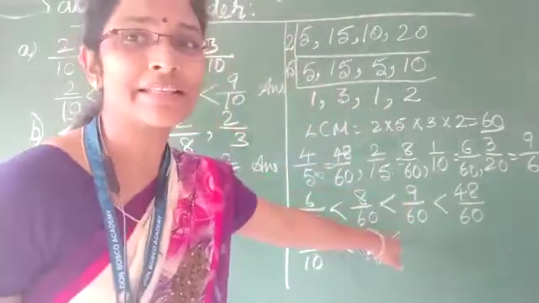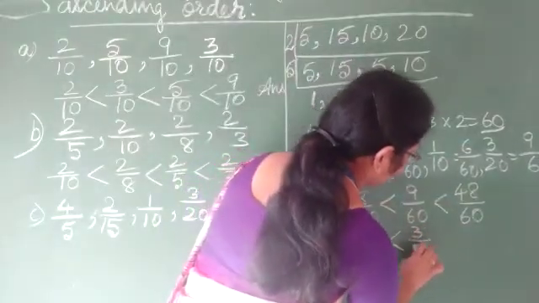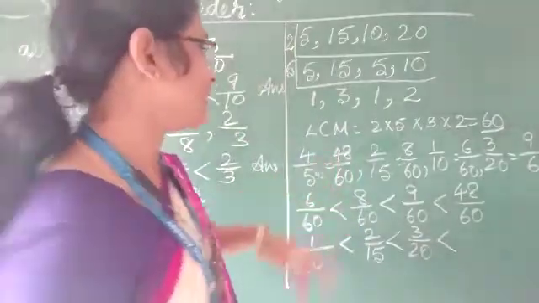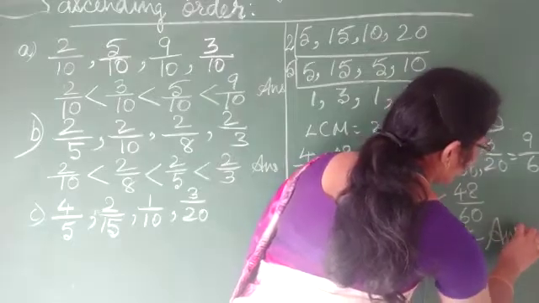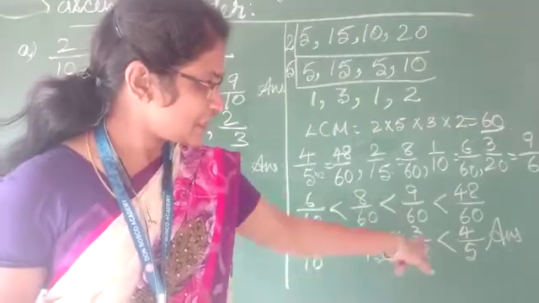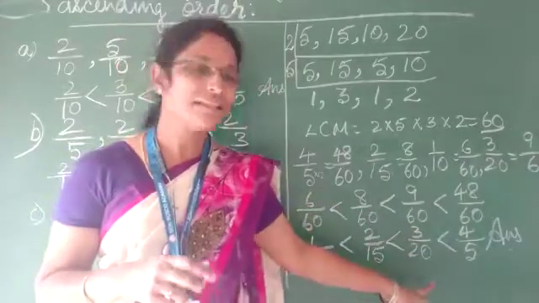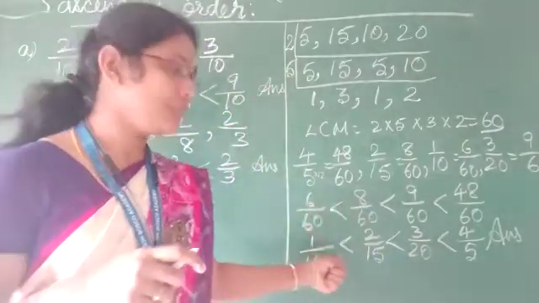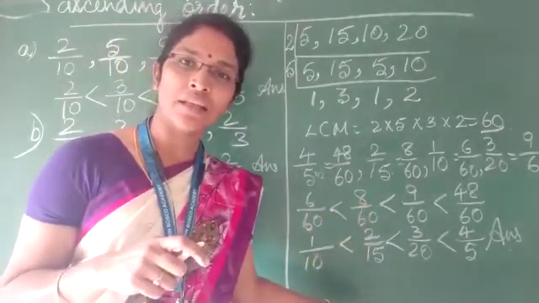What is 9 by 60? That is 3 by 20. Then what is 48 by 60? That is 4 by 5. We got the answer 1 by 10, 2 by 15, 3 by 20 and 4 by 5. This is the answer of our question to write them in ascending order.